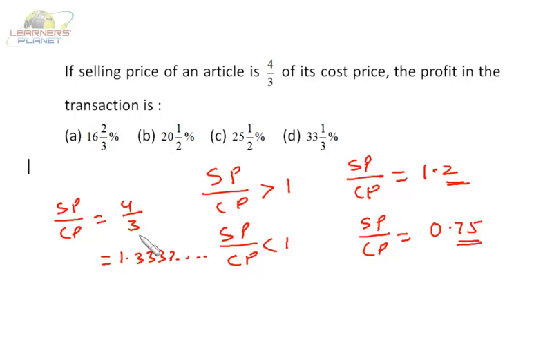Or we can say it is 1 plus 1/3. So whatever the data that is excess to 1 is the profit fraction. So 1/3 is profit fraction. If you multiply it by 100, you will be getting the profit percentage. So it is 33 1/3%. If you are clear with the concept, you don't have to go for any sort of paperwork in this sort of questions.